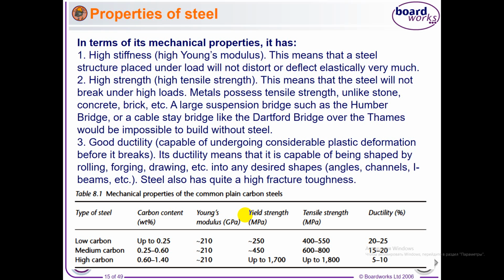Its ductility means that it's capable of being shaped by rolling, folding, drawing, etc. into any desired shapes. Angles, channels, I-beams, and other shapes. Steel also has quite a high fracture toughness.